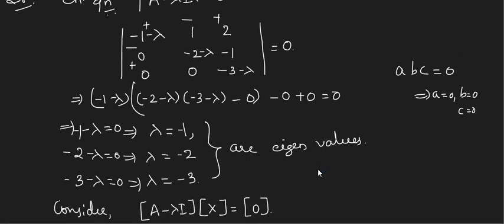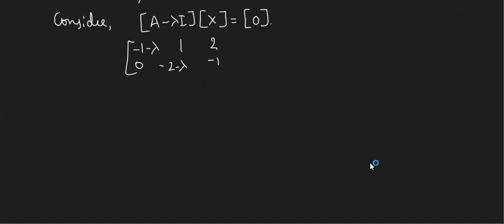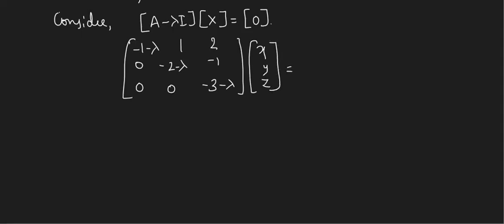So I write: the matrix with rows (-1 - λ, 1, 2), (0, -2 - λ, -1), (0, 0, -3 - λ), into X, Y, Z. Tell me what the 0 matrix is: 0, 0, 0. Now multiply the two matrices.